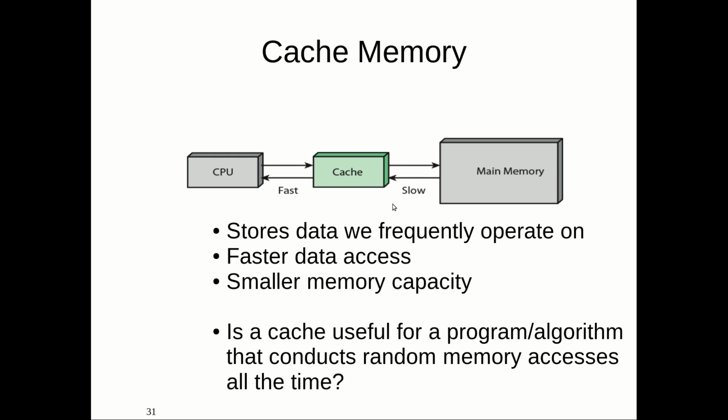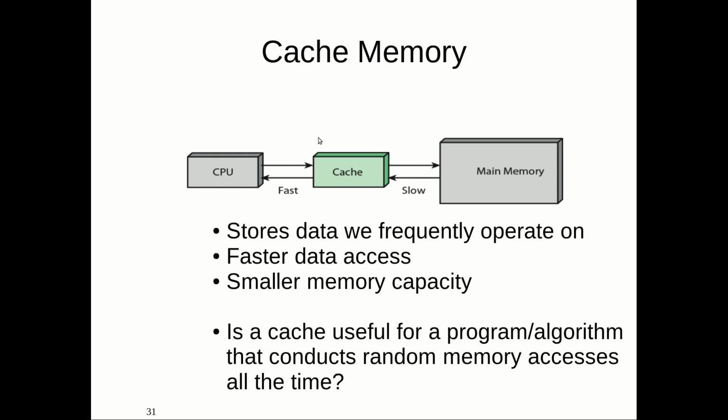In that case, the cache memory is not useful, because every time the CPU asks for an address in the cache, we'll see that the data is not stored or cached here because it's random access. So it will be forced to go to the main memory to fetch this data.